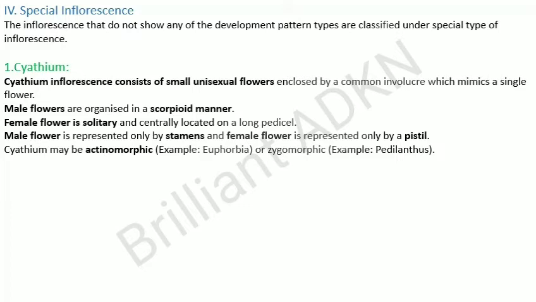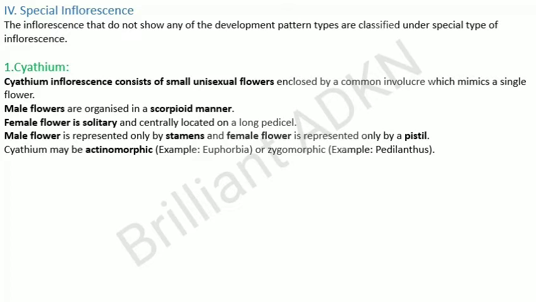Actinomorphic means we can divide the flower into equal halves. It is denoted by a plus symbol with a circle drawn outside the plus. Zygomorphic means we cannot divide the flower into equal halves.